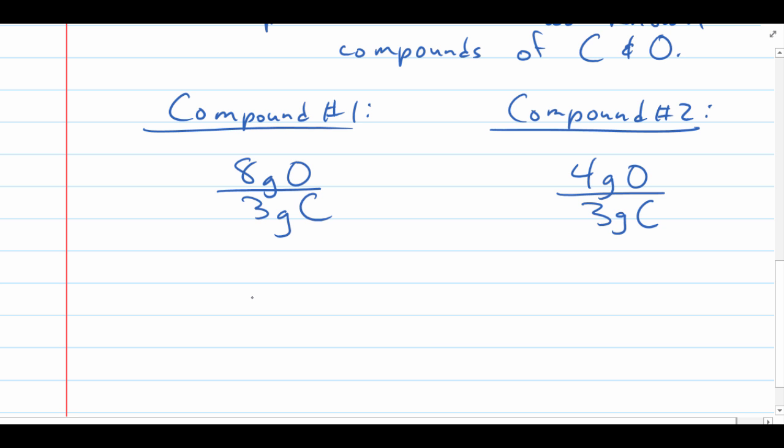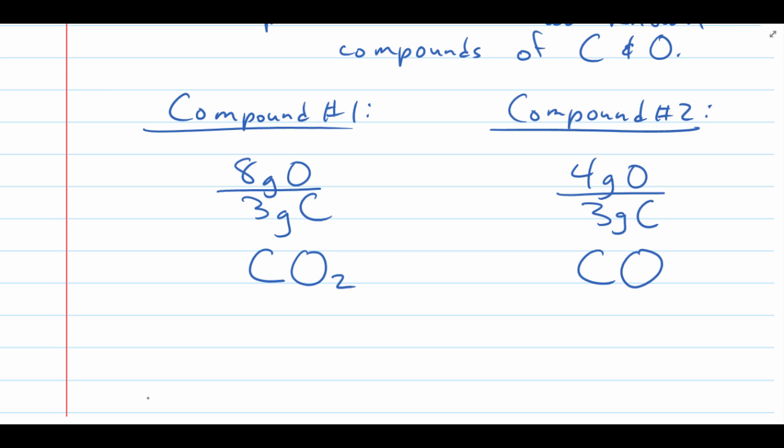Now if you know a little chemistry, this first one is a compound we call CO2, carbon dioxide. The second one is carbon monoxide. So these are what the two compounds are, carbon dioxide and carbon monoxide. And this is the reason why there is a 2-to-1 ratio in terms of those two ratios.